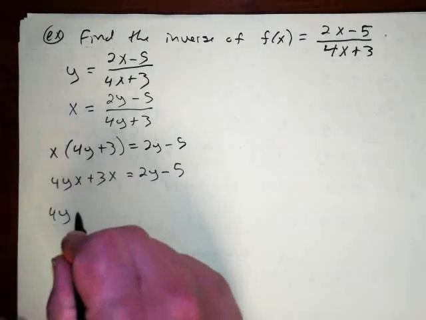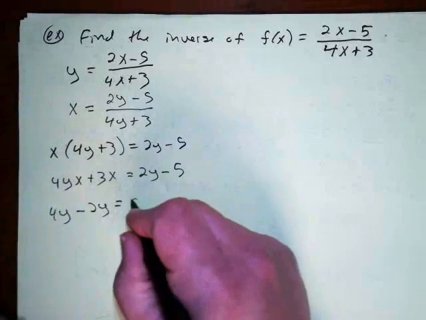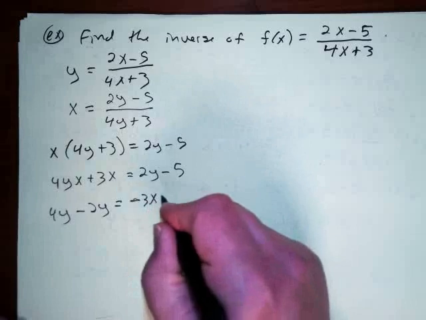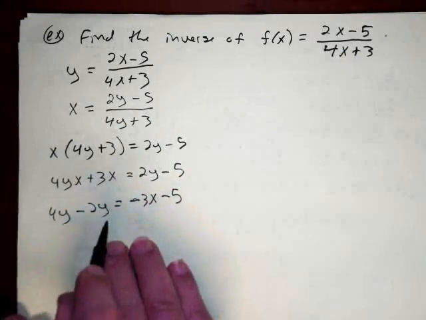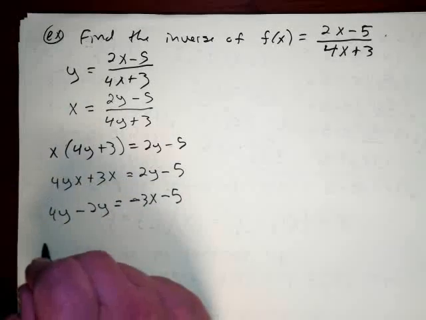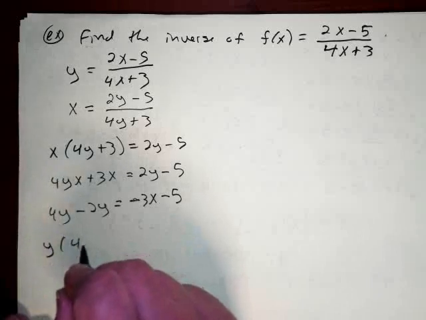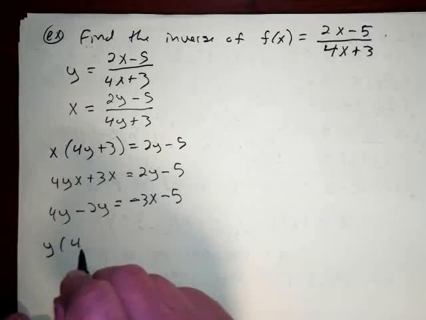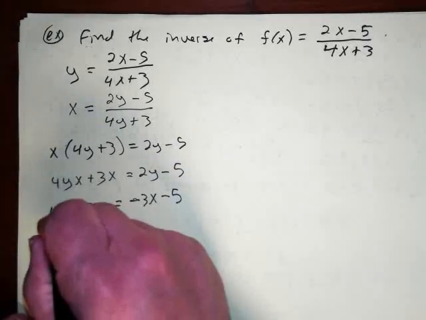So I get 4y minus 2y is equal to negative 3x minus 5. And the reason I do that is because now I can factor out a y. And that's what I was missing. Okay? So I'm factoring out, oh, here, I forgot to put this x.